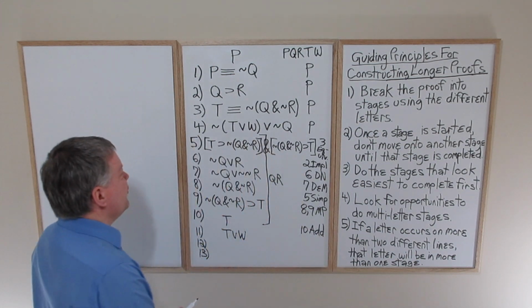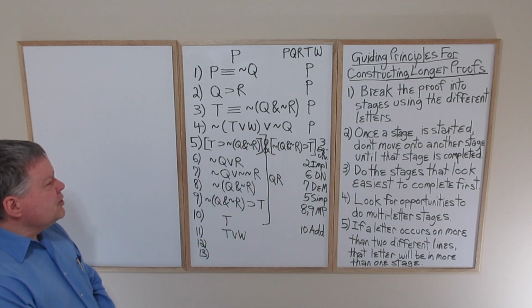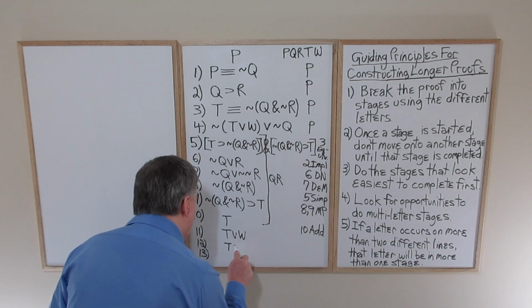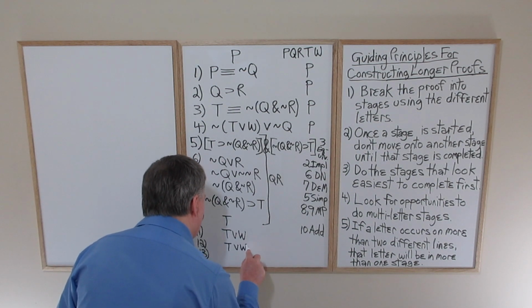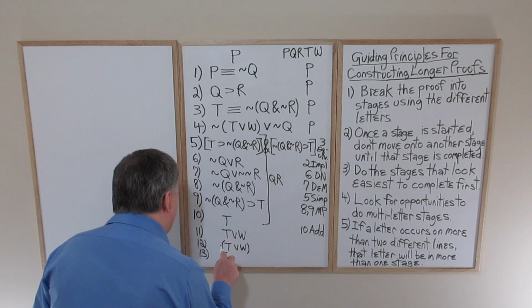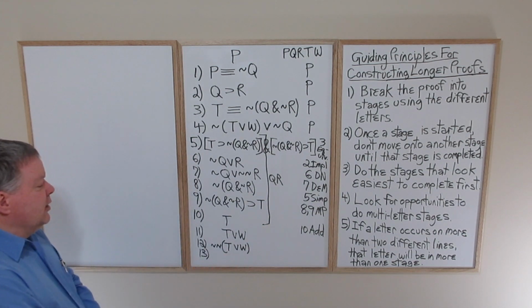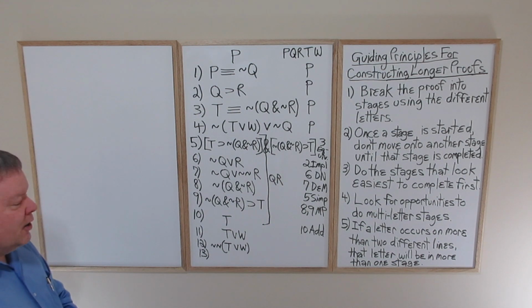Then, since we want the negation of one of the disjuncts in 4 in order to do disjunctive syllogism, what we'll need to do is put brackets around line 11 and double negate the entire line.